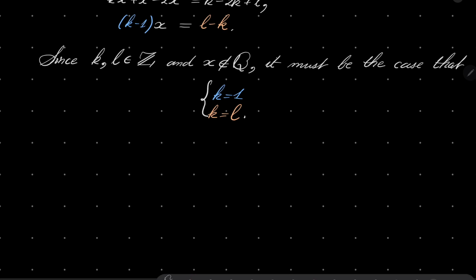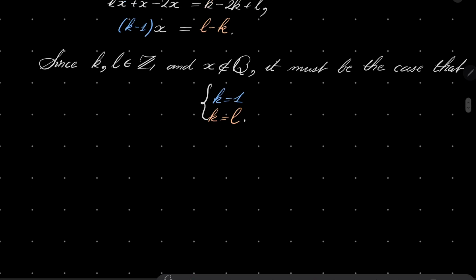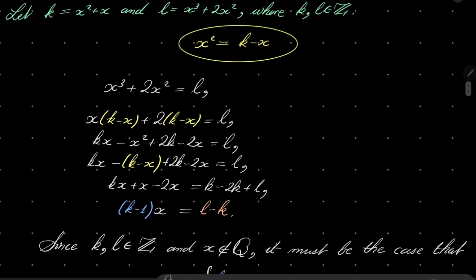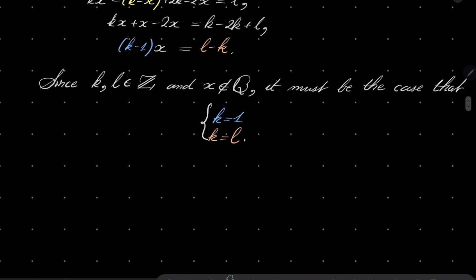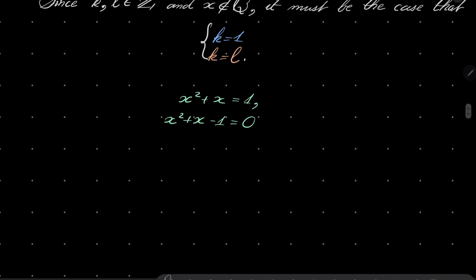Alright, so now we know the value of k, so we can go back to our first equation and just solve it, because k equals 1. So x squared plus x equals 1, x squared plus x minus 1 equals 0. We can compute the quadratic discriminant. It's 1 squared plus 4, which is 5.